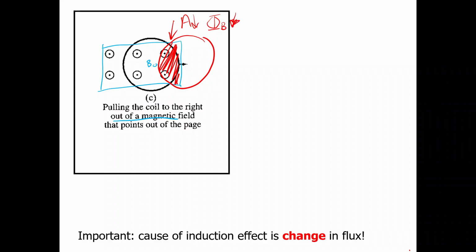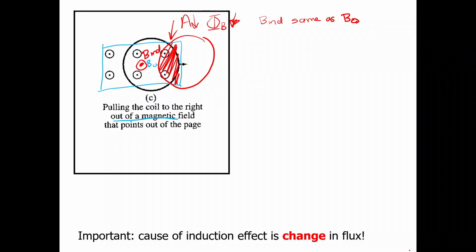In this example, because our flux has decreased, I need B induced to be in the same direction as B0, because I need to help the magnetic field. So my induced magnetic field, B induced, is actually also out of the page.